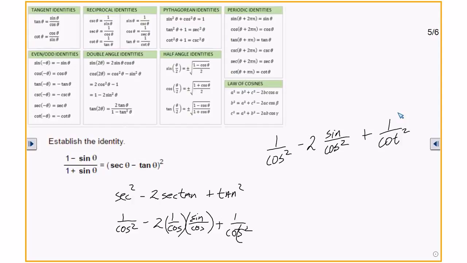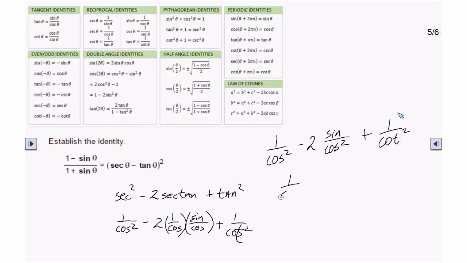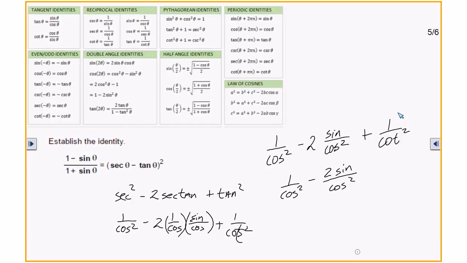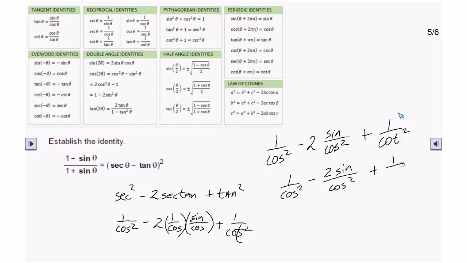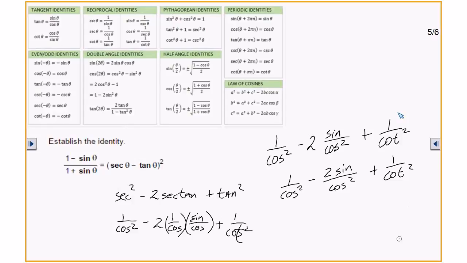So now we've got 1 over cosine squared minus 2 sine over cosine squared plus 1 over cotangent squared. And I tell you right now, this doesn't look good.